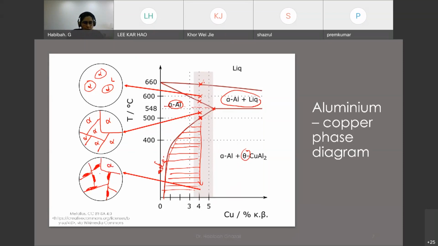So we have alpha, and at the grain boundary we have theta solid solution. This is what happens as the temperature drops.